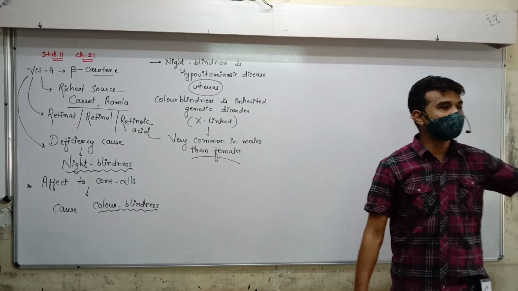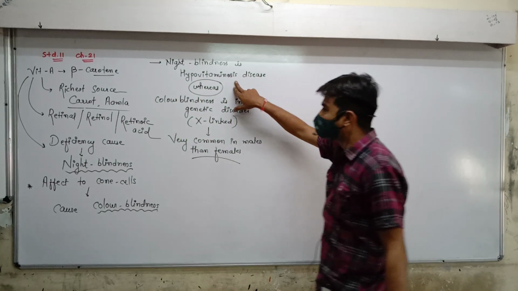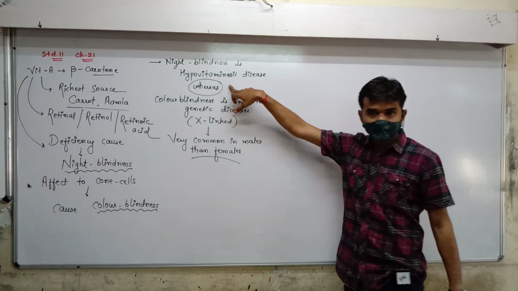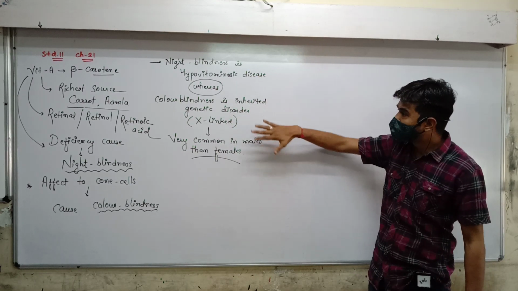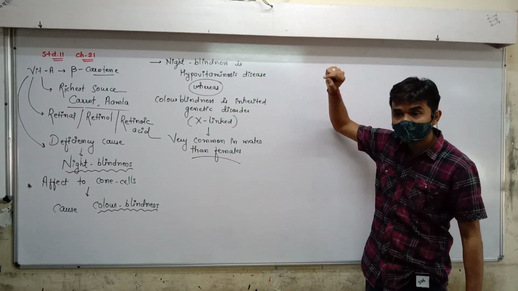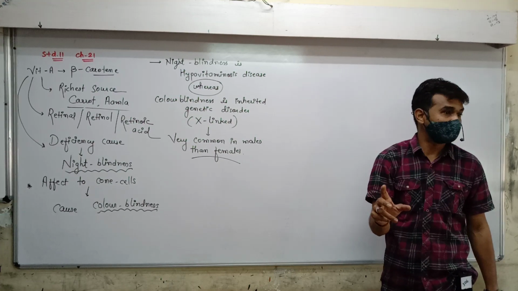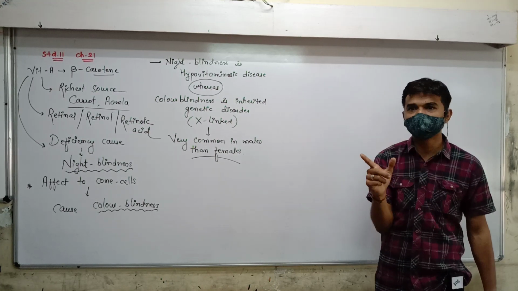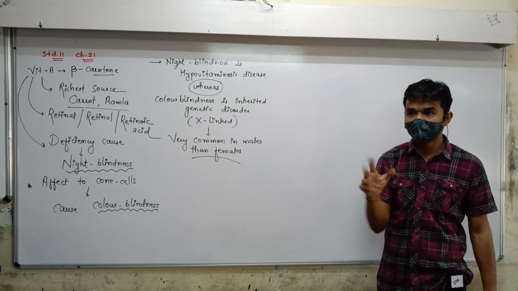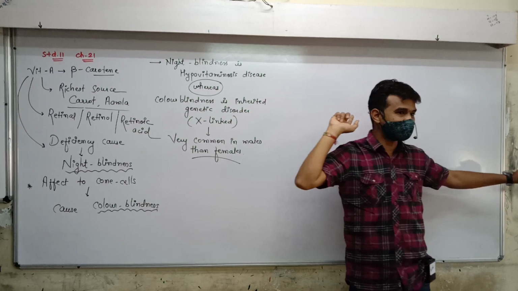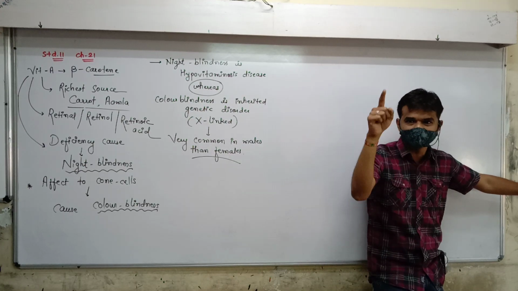But why have I written hypovitaminosis here? Because deficiency of vitamin A is different, and color blindness is an inherited genetic disorder. It is carried from the parents to the offspring, generation to generation. That's why I use the word inherited.